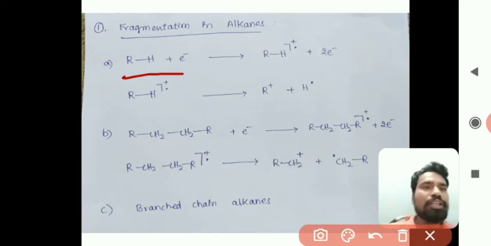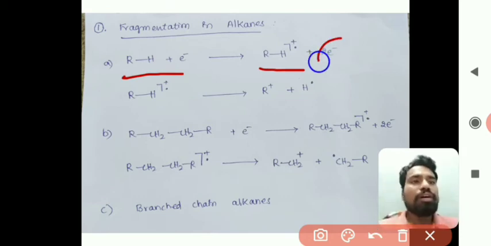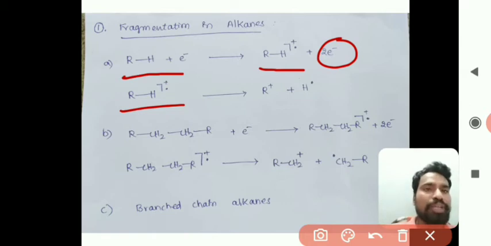So first, in the case of simple alkanes, or small chain alkanes, what is happening here is that when they are bombarded with electrons, they form a radical cation, that is RH dot plus, along with 2 electrons, right? This is the molecular ion. This RH dot plus, the radical cation, undergoes fragmentation and forms R plus and H dot, right? So the fission takes place between the carbon and hydrogen.